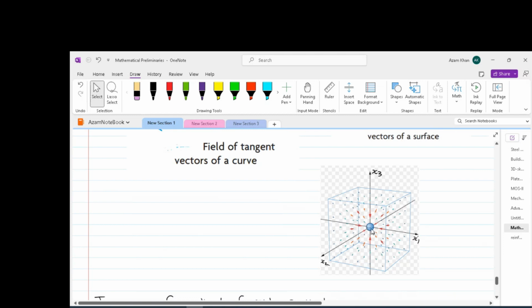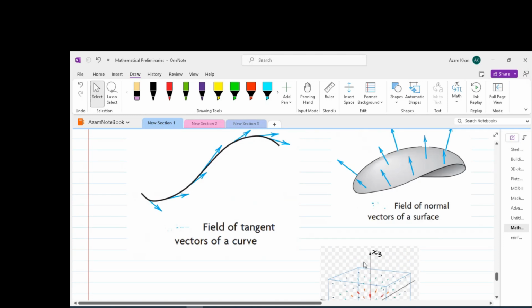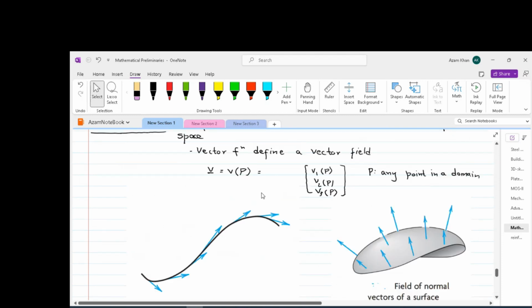This can be acceleration or velocity vectors, which at a particular point within a body might be very high and away from that point might be very low. If vectors are made up of normals or unit vectors, then they might all be of the same magnitude. A vector field is made up of different points, and every point has a vector. Every vector would have three components.